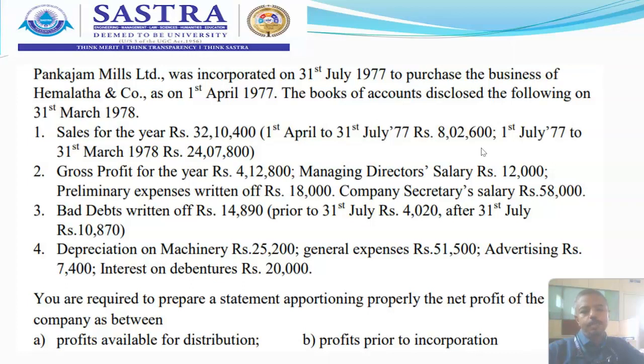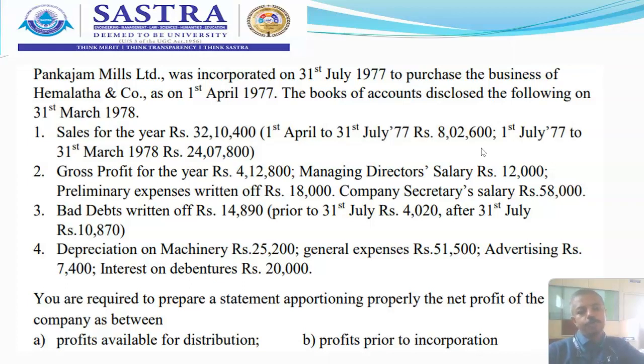So here revenue from operations is gross profit, which has to be apportioned based on sales ratio. The reason behind that is the gross profit is a direct variable income based on sales or turnover of the company or business. Hence, the gross profit has to be apportioned based on sales ratio.